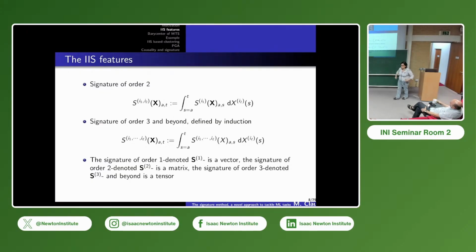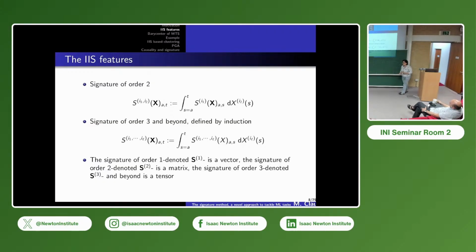So a question could be: is gold influencing Bitcoin, or dollars, or anything you want? And then you try to see that with iterated integrals, because basically, if there is no delay between the effect, here you will have the maximum.